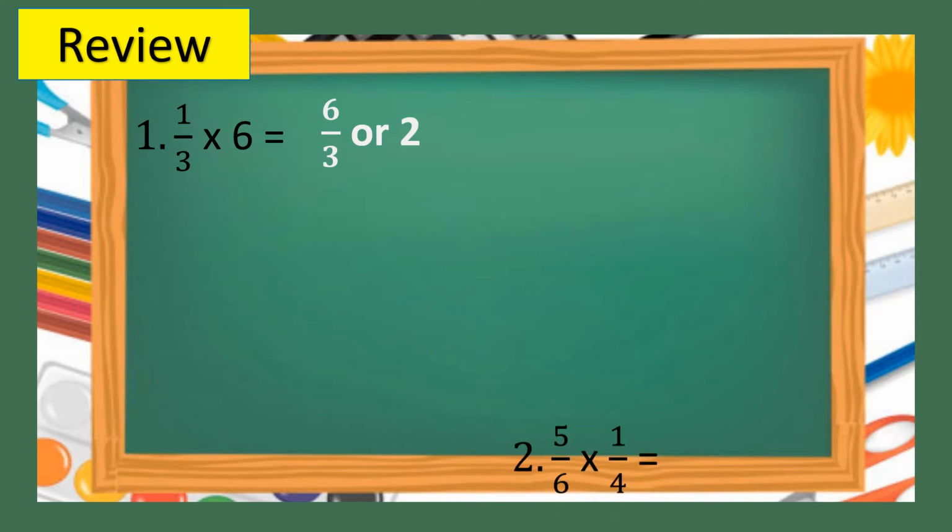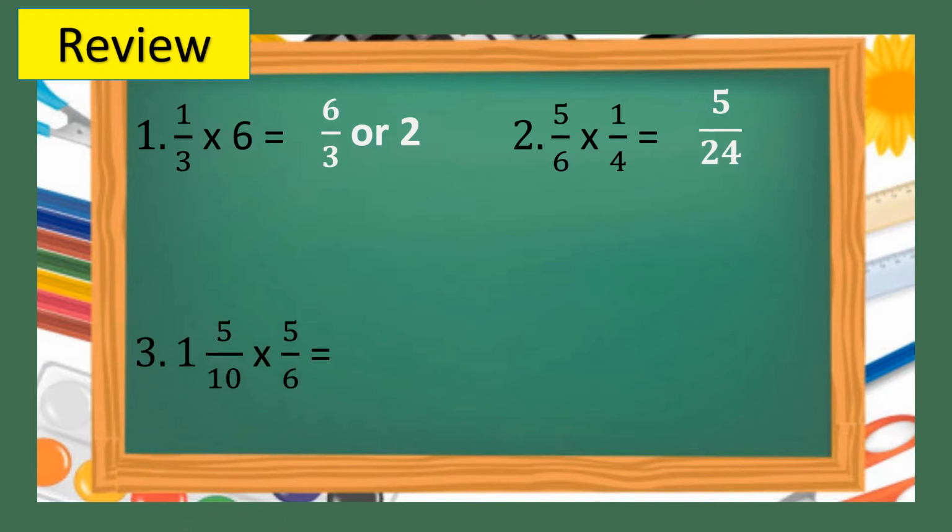Number 2: 5/6 times 1/4 equals. Okay, so your answer is 5/24. Very good. Number 3: 1 and 5/10 times 5/6 equals.